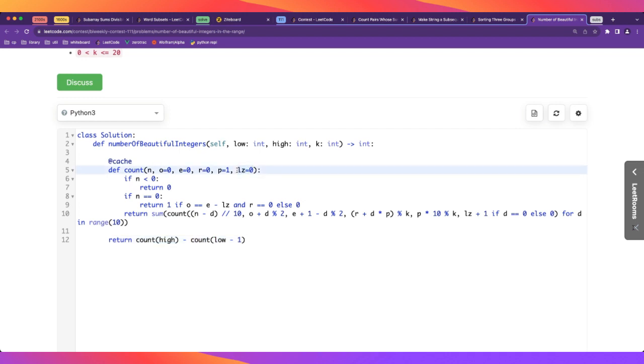I first messed up the leading 0 condition. So all this was pretty standard for me, but I had to iterate a little bit to get this one as well, the leading 0 parameter.